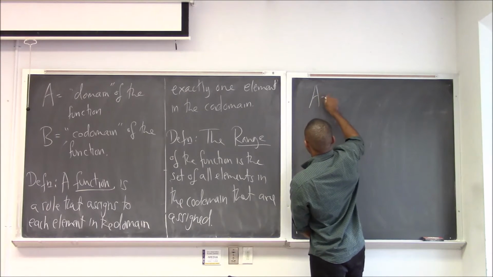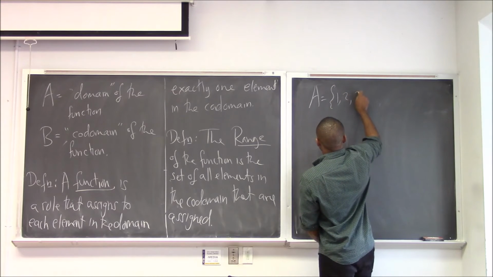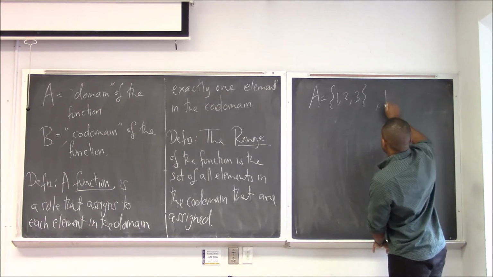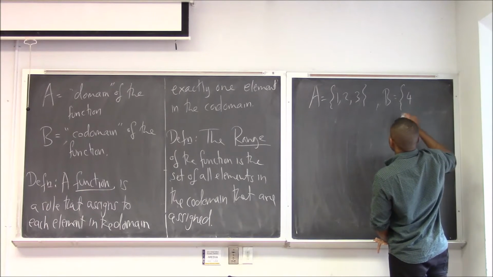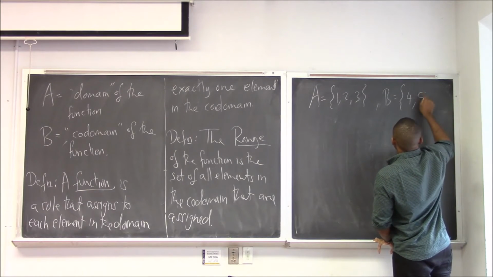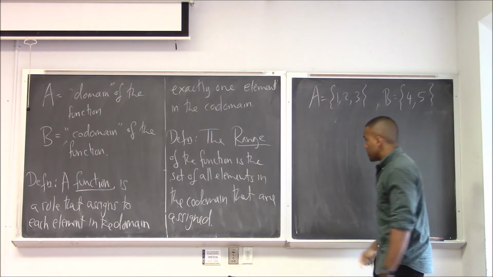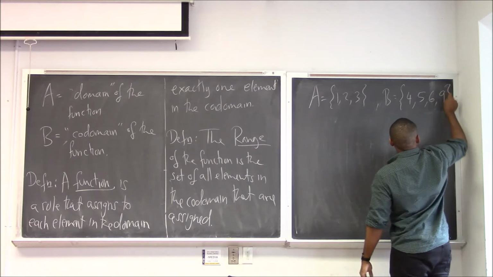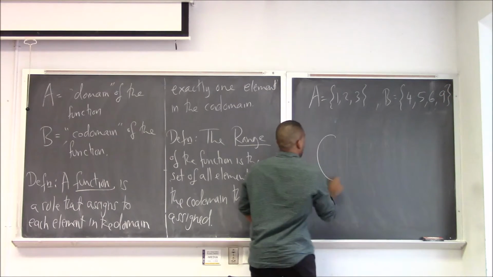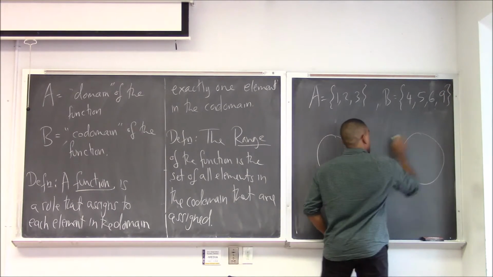So I can say A is the set 1, 2, 3. B is the set 4 and 5. Let's make one. 6, 9. So I can have two sets here.